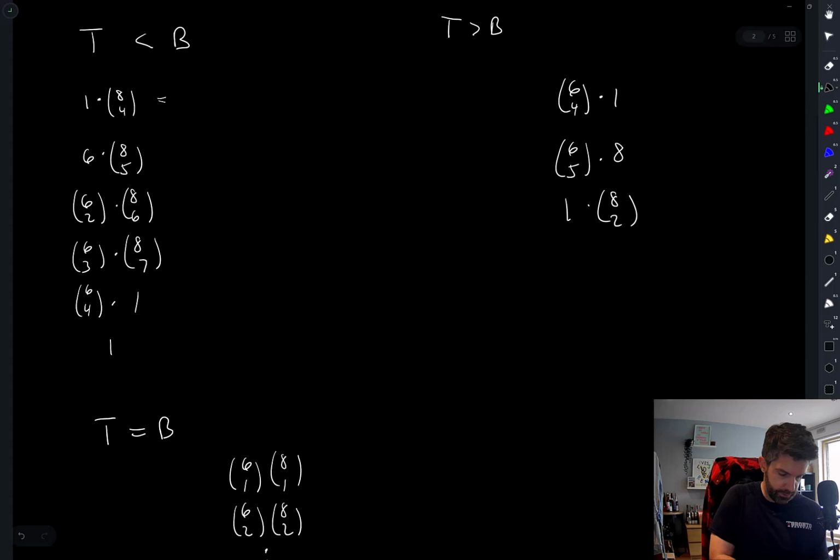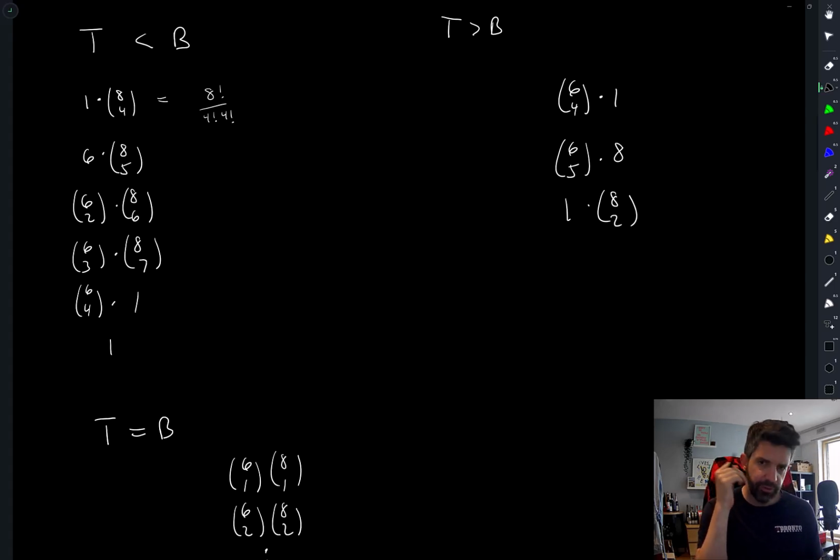So this is 8 factorial over 4 factorial times 4 factorial. How am I supposed to figure out this number divided by 100? This is 6 times 8 factorial over 5 factorial times 3 factorial.